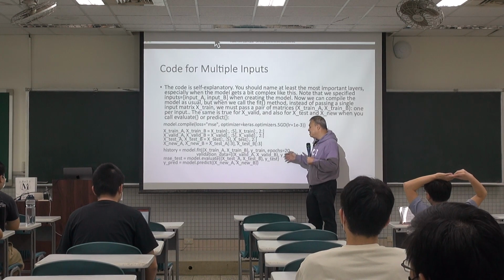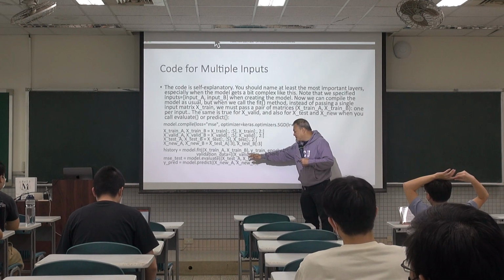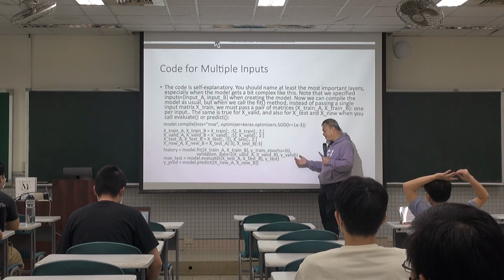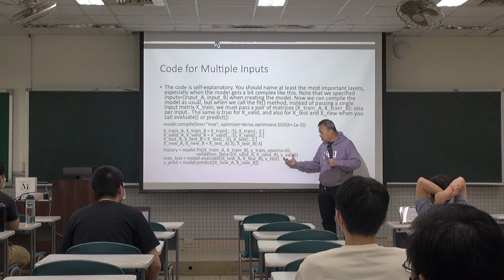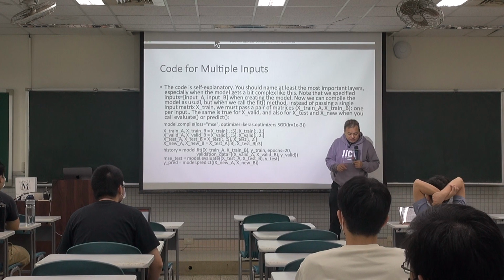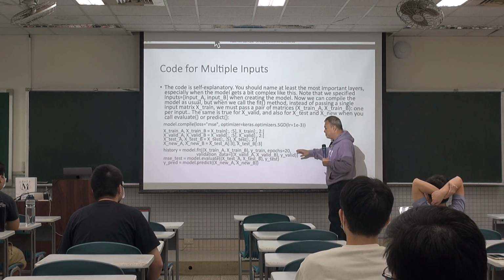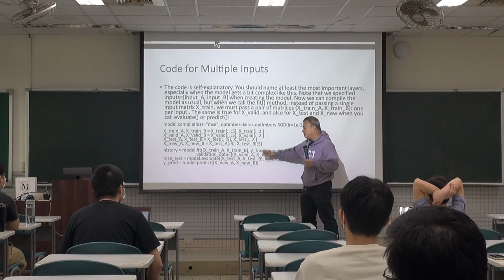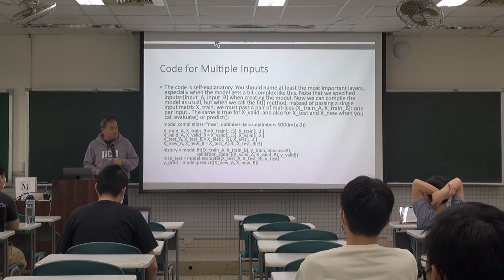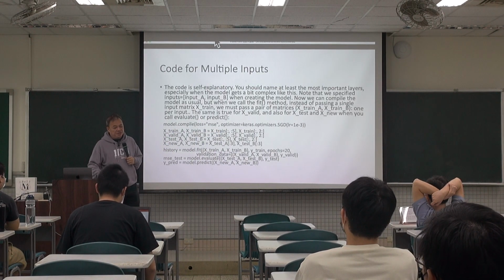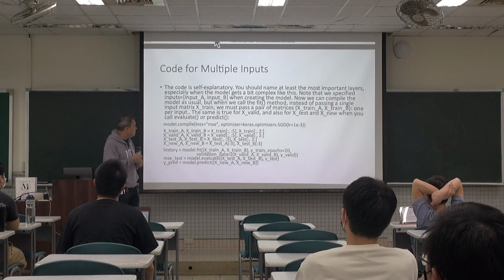The validation set also needs to have both inputs A and B. But because we only have one output, we only have one ground truth. The other parts are pretty much similar to what we have seen previously. So this is the multiple input example.